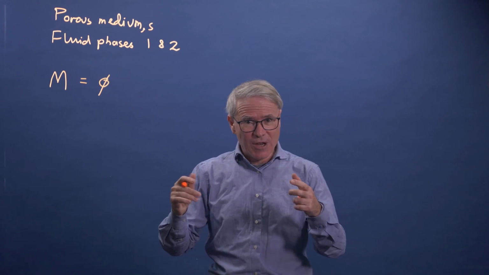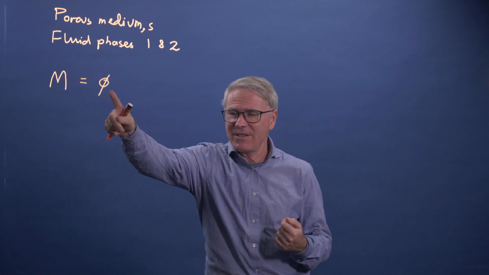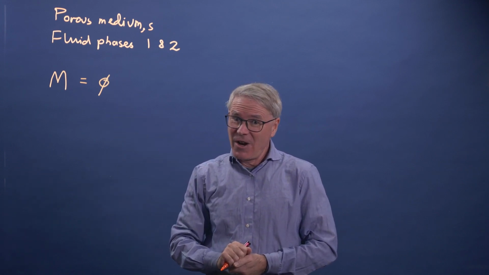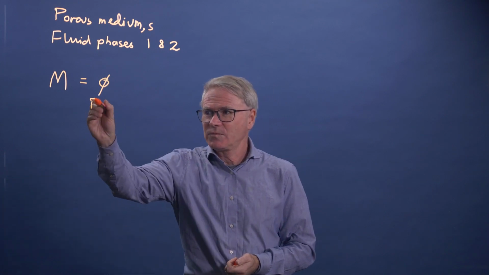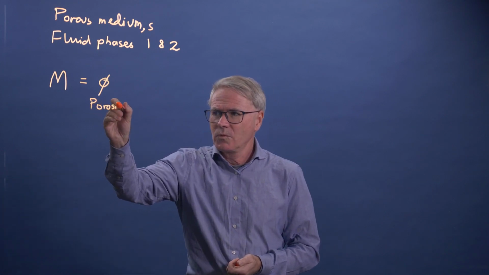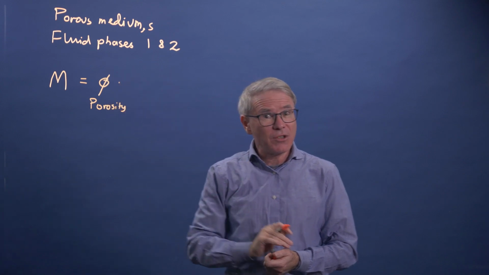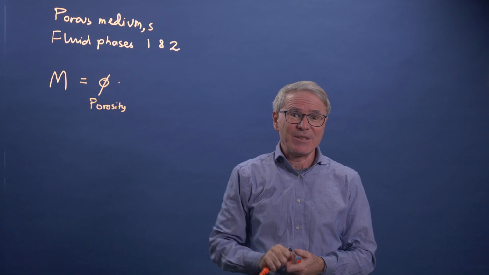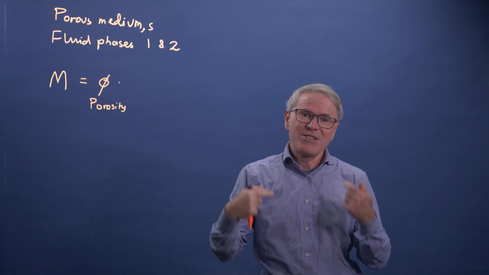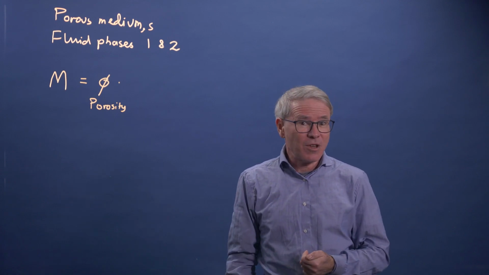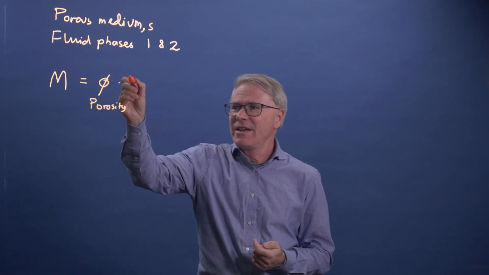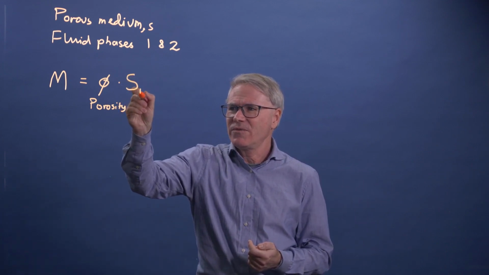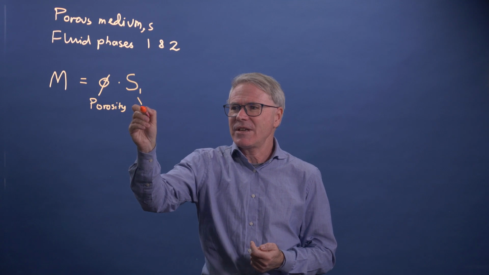So for unit volume, the volume of pore space is phi, the porosity. But phase 1 doesn't occupy all the pore space because there are two fluid phases in the pore space. So the fraction of the pore space occupied by phase 1 is called the saturation, S1. So that's the saturation.